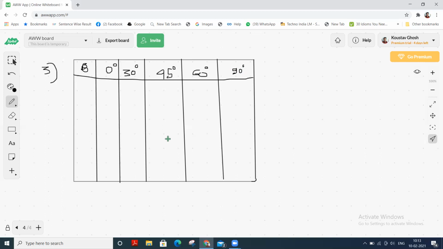What is the ratio of sine B, cos B, or tan B? From these three, you can calculate cosec B, sec B, or cot B by taking the reciprocal of those values.